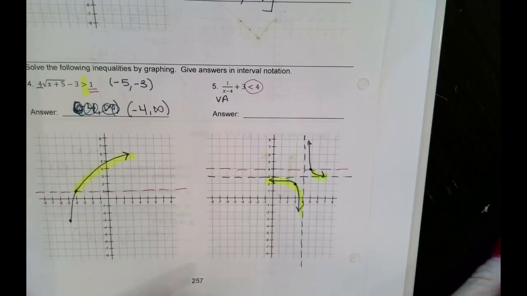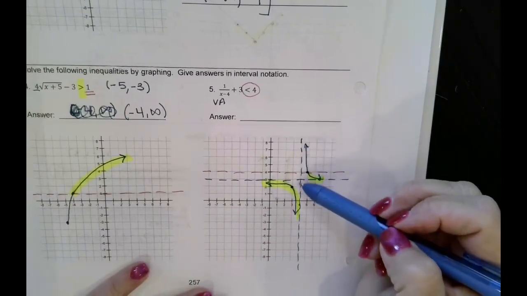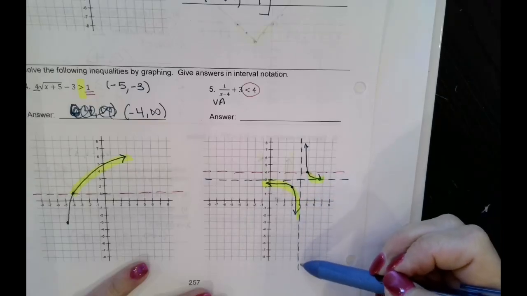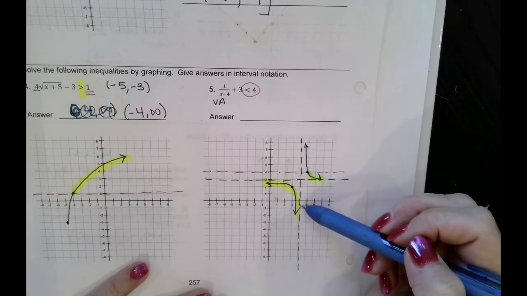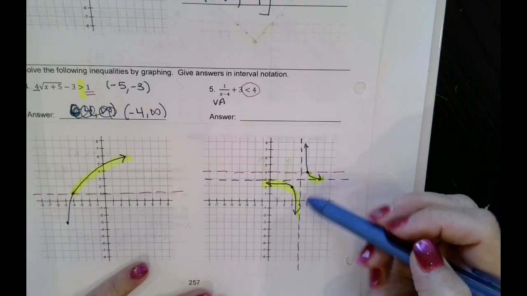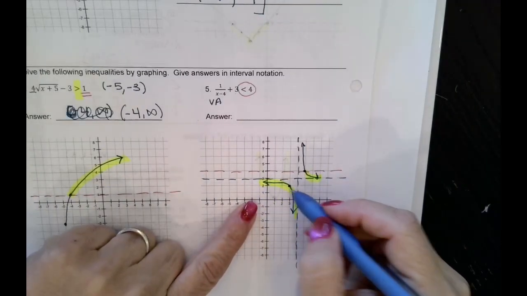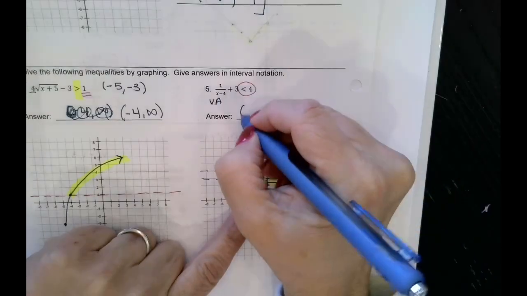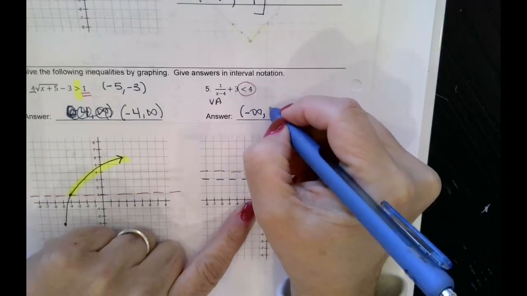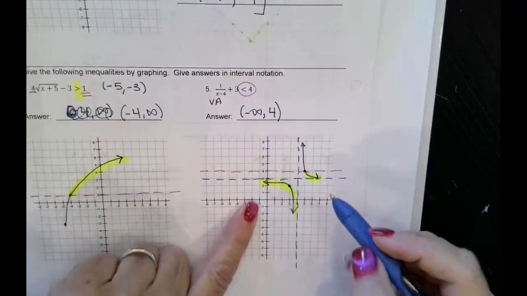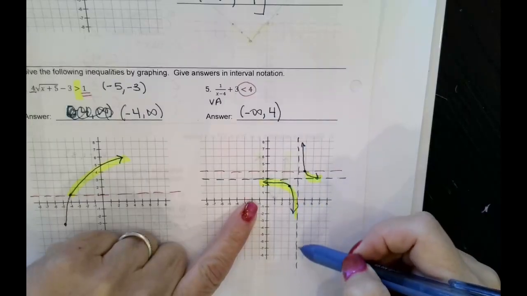And the reason why is because, remember, an asymptote means you get super, super close, but it can never equal this value of 4. So what happens is this yellow part that's below, the domain of this yellow part is going to be -infinity to 4 with a parenthesis because it can't equal 4.